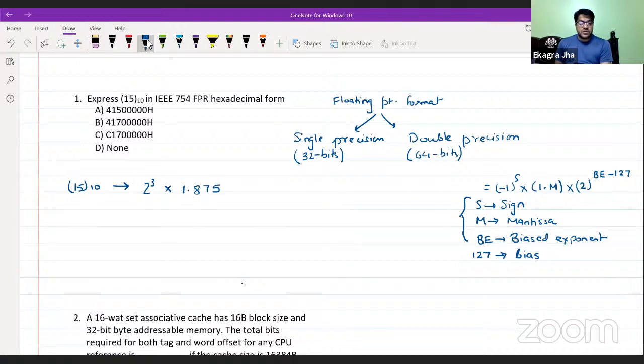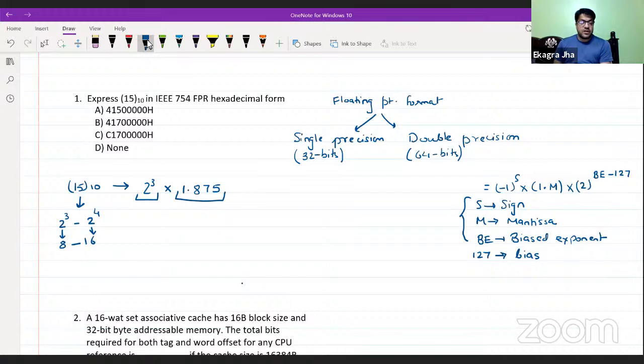All we need to do is find this type of value, the fractional value out of the decimal value. Okay, and we need to find the other value which is based on the power of 2. So if you see, 15 lies between 2 to the power 3 and 2 to the power 4, which is between 8 and 16, based on the base 2.